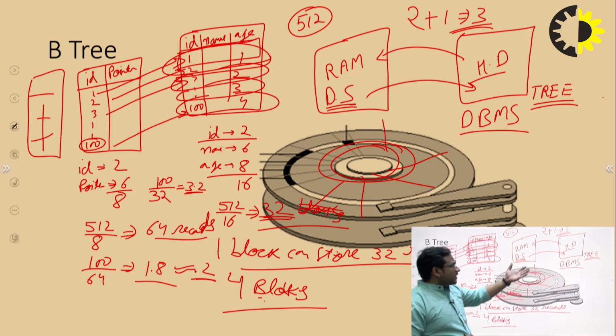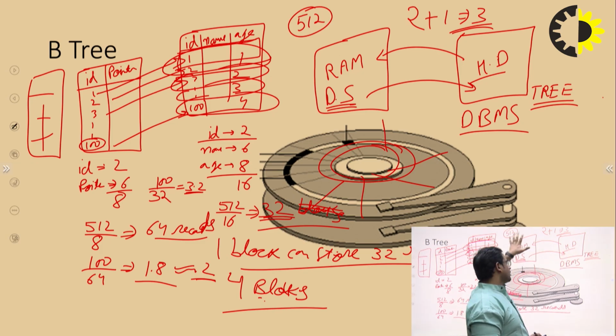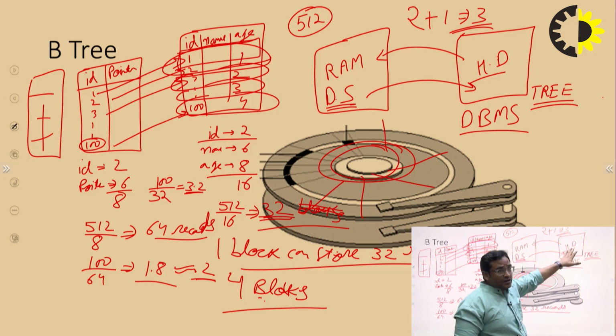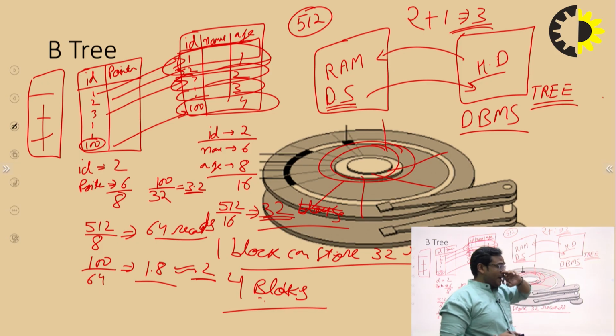As I told you, whenever data is stored on the hard disk, if you want to do some manipulation, you have to read it into RAM, do the manipulation, and store it again into the hard disk. When the data is stored on the hard disk, you can use the database management system.